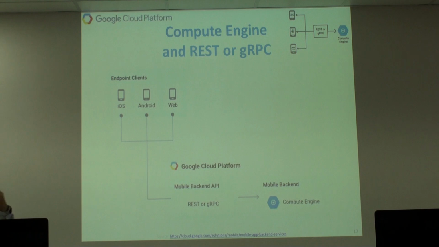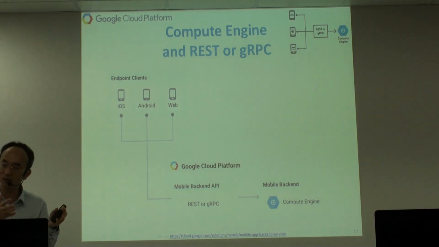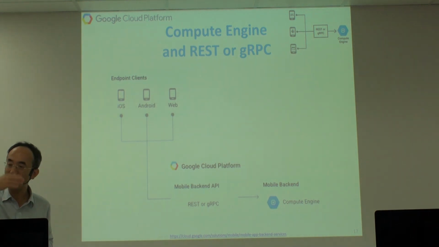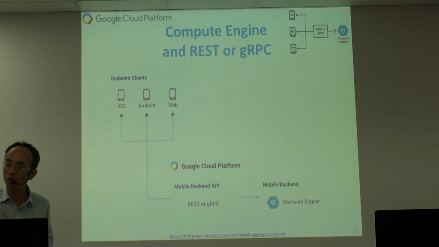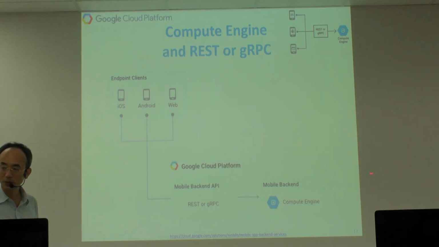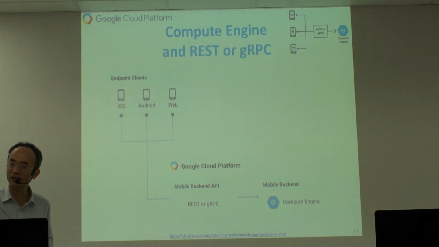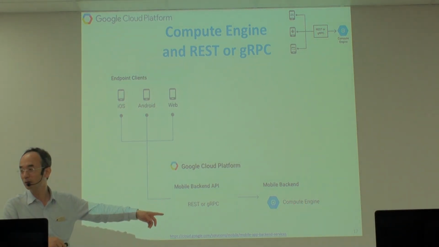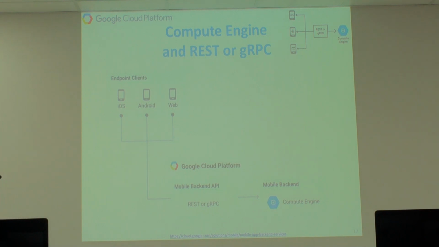For example, you set up your Windows server here, install an IIS server, and run SQL Server here, and you can use a framework. That is when you choose Compute Engine. So that is the mobile backend offering.